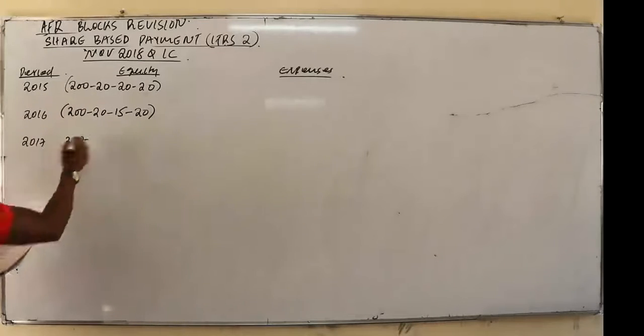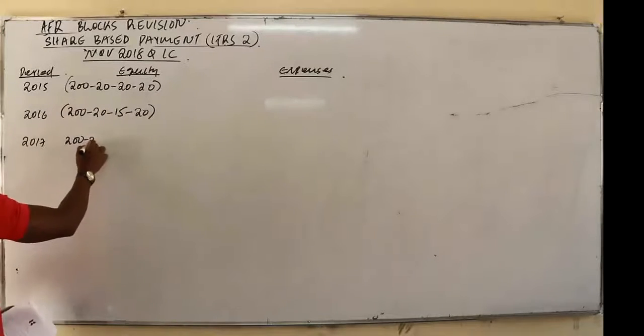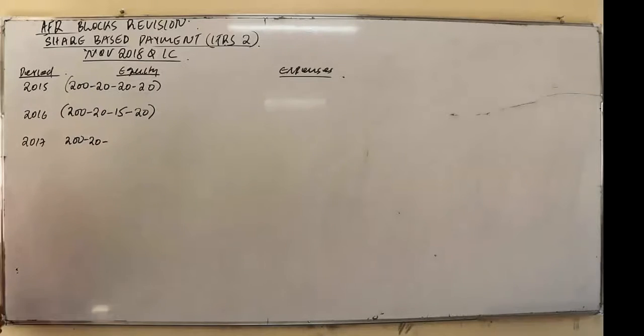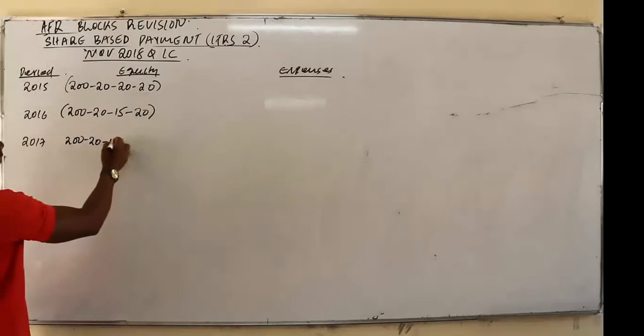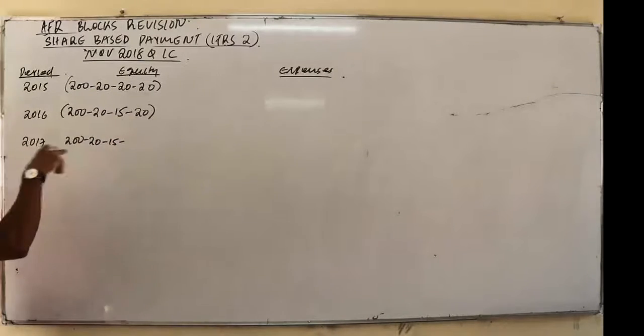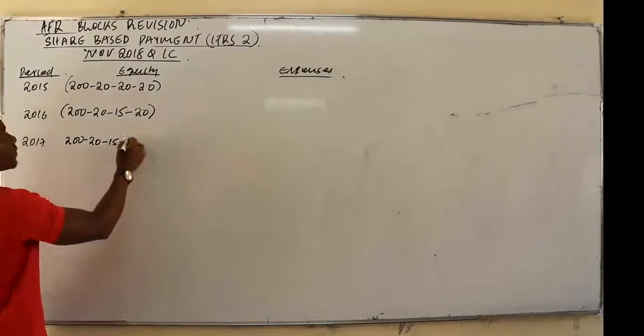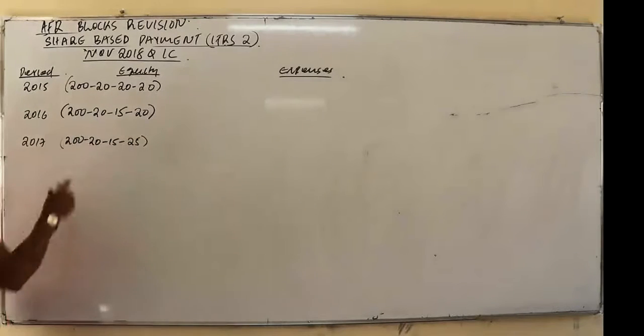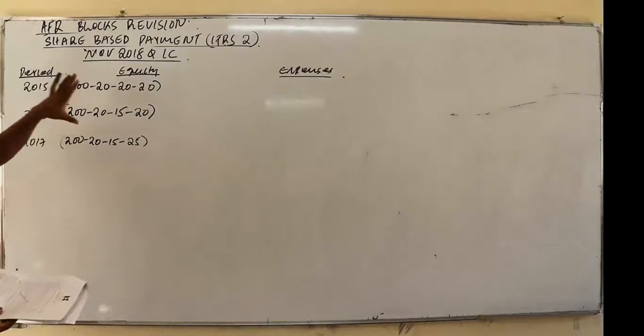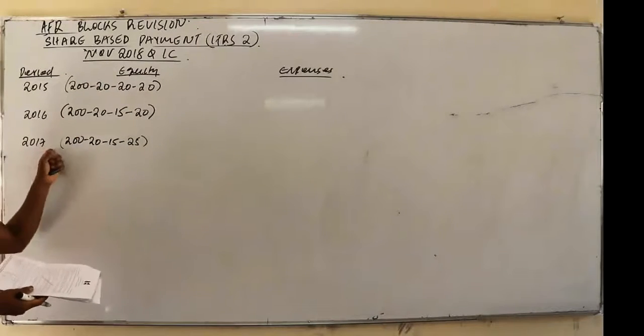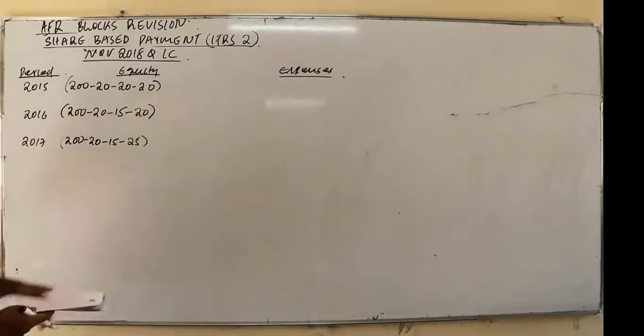How many left in 2015? 20. How many left in 2016? 15. And how many left in 2017? 25. So in short, in the first and second year you are just making a provision, and then in 2017 you have the actual information. You work with the actuals.